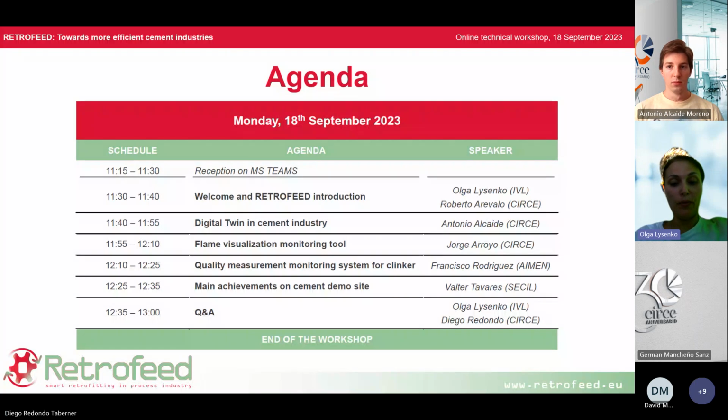In the workshop, you will have the opportunity to learn more about the digital twin in the cement industry, the flame visualization monitoring tool, the quality measurement monitoring system for clinker, and the main achievements on cement demo sites. Also, we will be happy to answer all your questions. And now we would like to present our project and give you a short introduction to the RETROFEED project. So Roberto, the floor is yours.